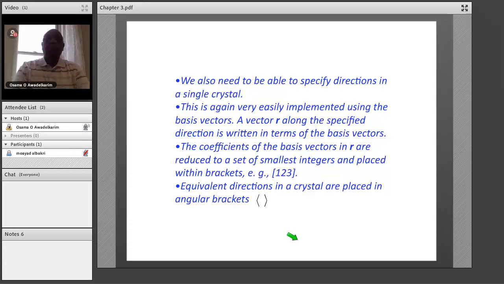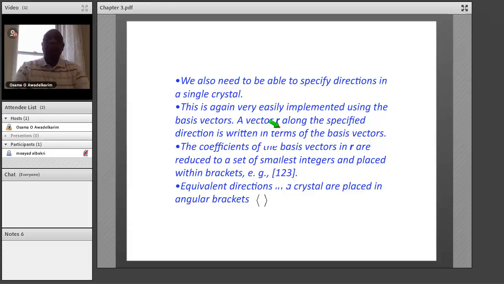We also need to specify directions. We simply needed to specify planes, and I showed you how to do that. But we also need to specify directions. As I told you at the beginning, this is very easy. The way we do it is by writing the vector r along the specified direction.